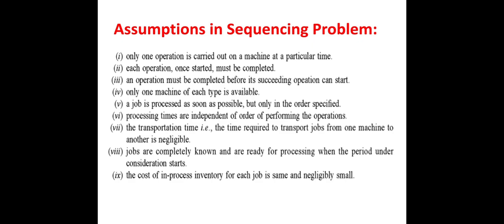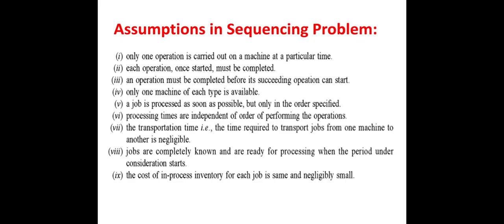Only one machine of each type is available. A job is processed as soon as possible, but only in the order specified. That is, as we discussed, in the order A, B. The transportation time, that is the time required to transport jobs from one machine to another, is negligible.